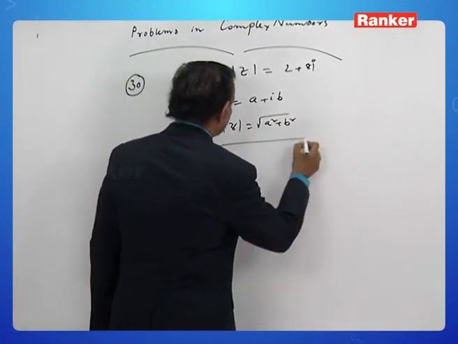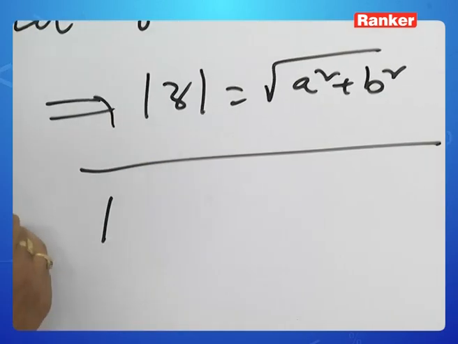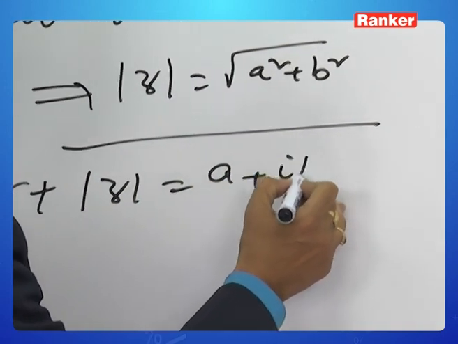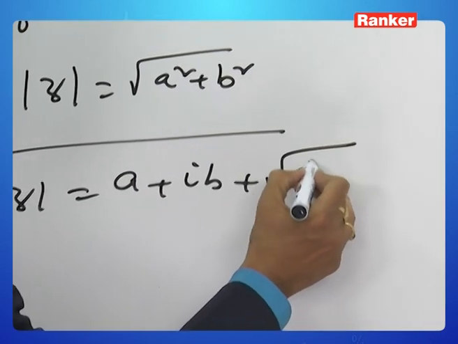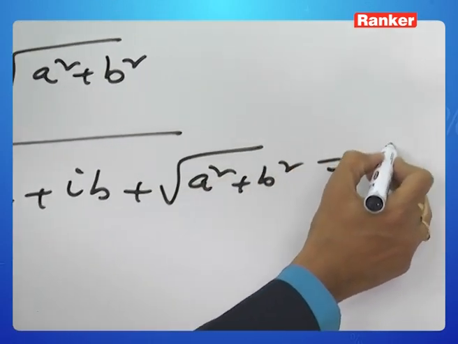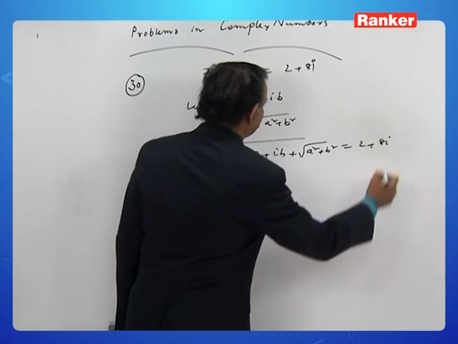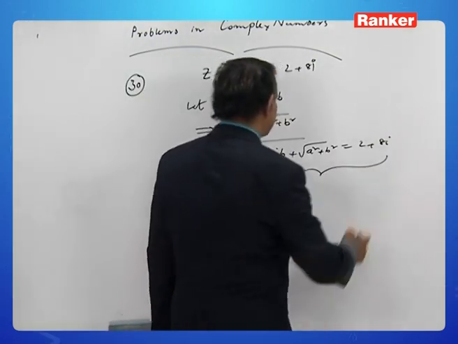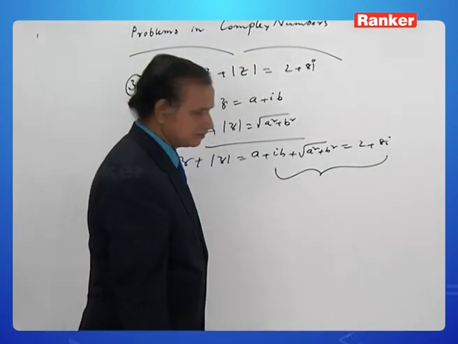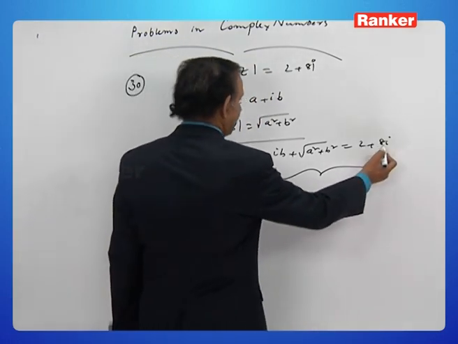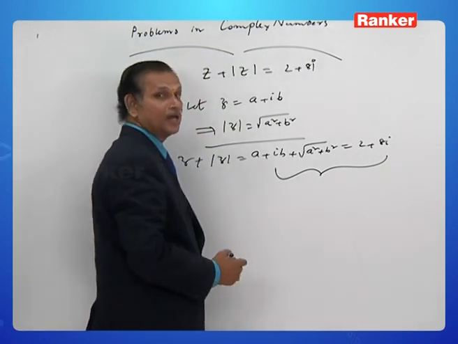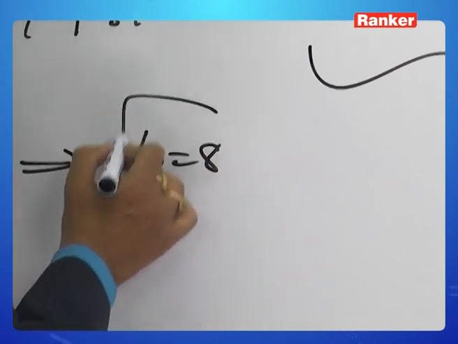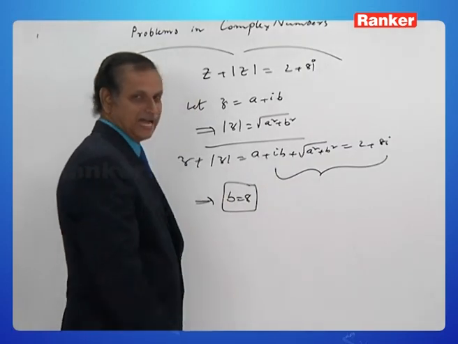Add these two. z plus mod z is equal to a plus ib plus root of a square plus b square is equal to 2 plus 8i. Now, let us compare the real parts and imaginary parts in this equation. What is the imaginary part here? 8. What is the imaginary part here? b. Therefore, b is equal to 8. Keep it aside.